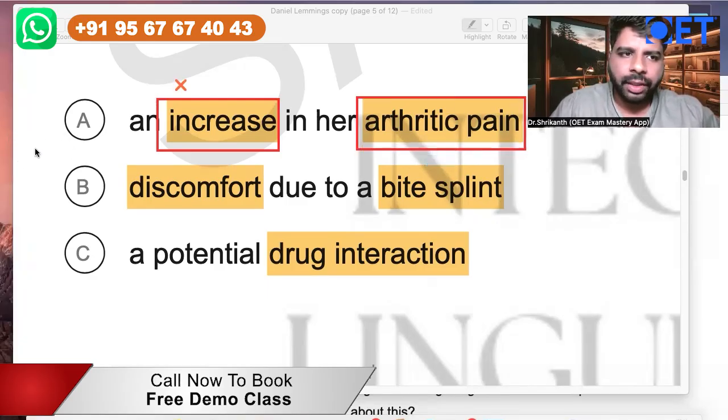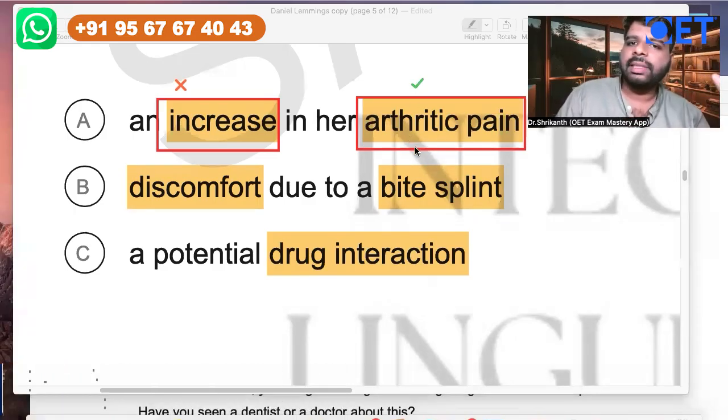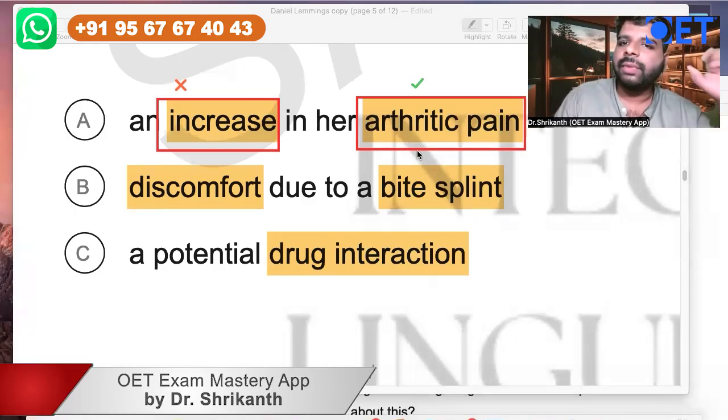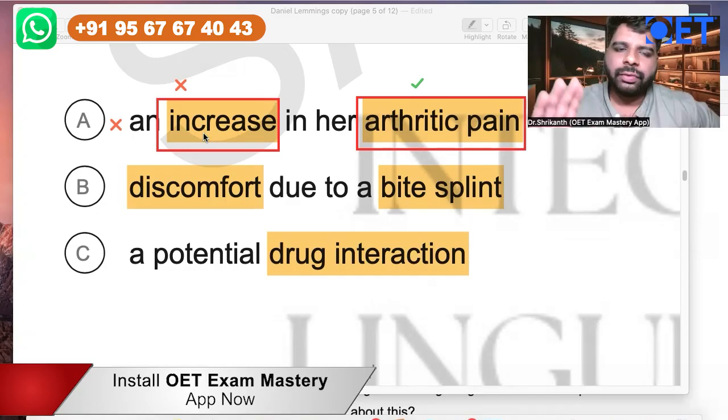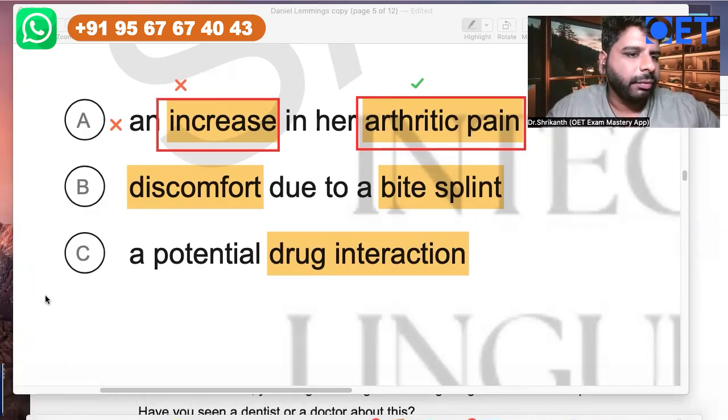This keyword over here is mentioned, but in the audio she is telling that it is not the reason why she is here. So we cannot actually choose answer option A. Right, so we can almost eliminate answer option A. But anyway, there is no need for you to immediately eliminate answer option A as soon as that. But just for the sake of saying, for these two reasons, since we're discussing in detail, we can eliminate answer option A for now.